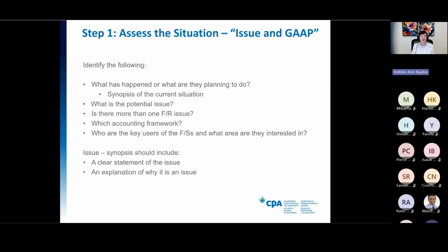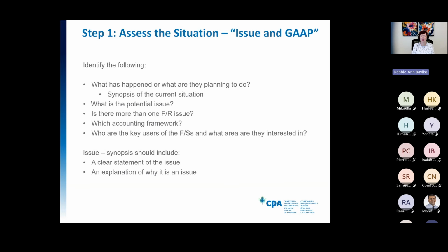Plus, they also tell you that they shipped product to a customer that has a 90-day free right of return, and they've recognized that revenue. Those are two separate revenue recognition financial reporting issues. They need to be addressed individually.